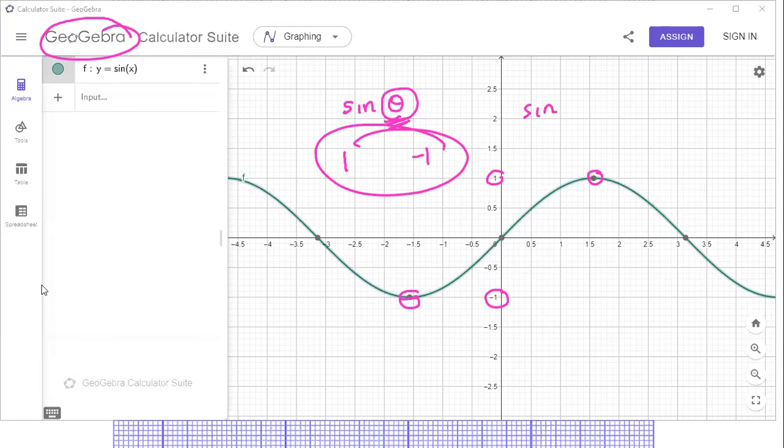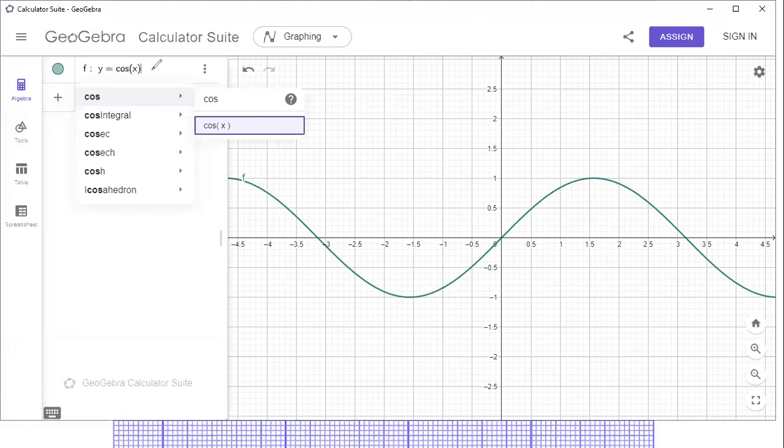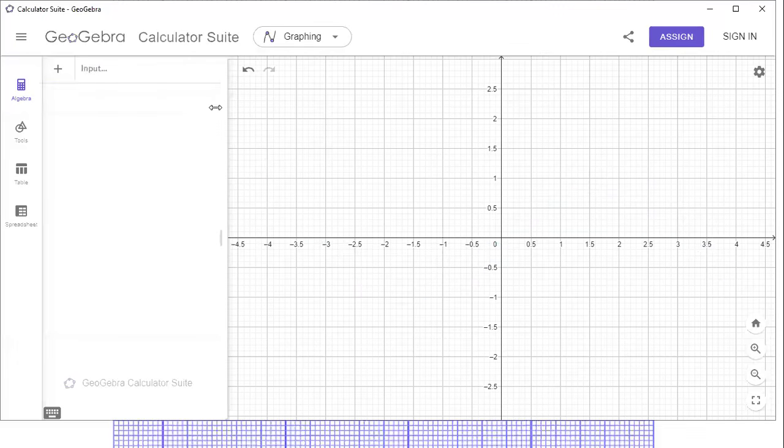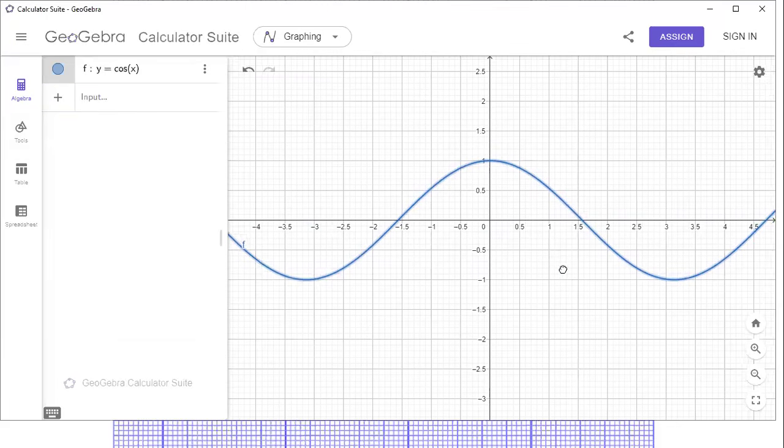Another curve I can show you is the cos curve. Sorry, let me delete this. So the cos curve will look like that. What are you noticing?